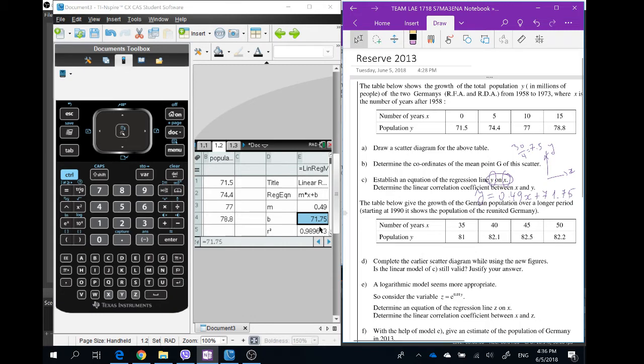The table below gives the growth of the German population over a longer period, starting at 1990. It shows the population for 0, 5, 10 and 15, but then the data is increased, so I have to add more data here.